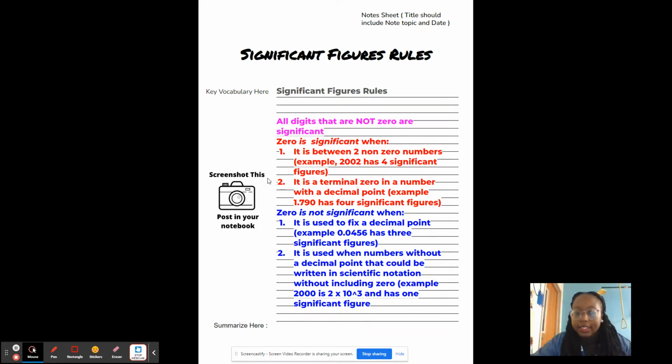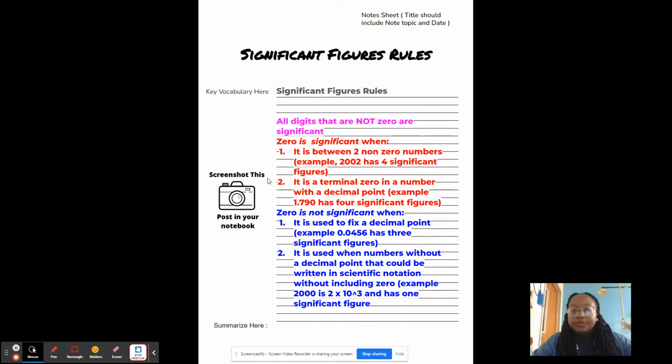It is not significant when it is used to fix a decimal point, meaning it's at the beginning of a decimal. You're putting 0 point something, then it is not significant in that 0 point. But after the decimal point is significant.